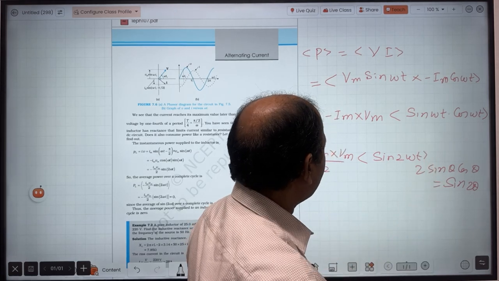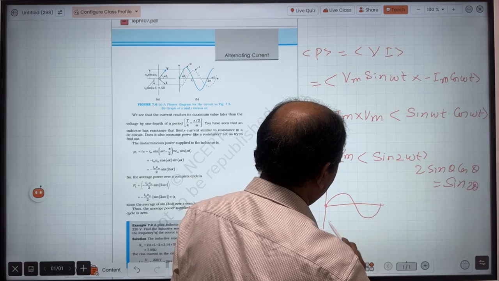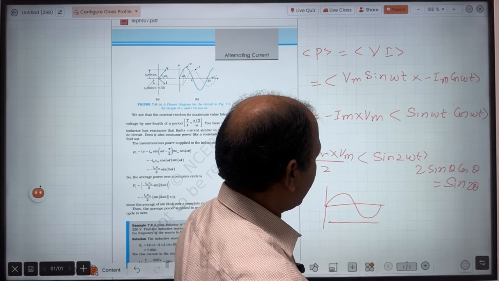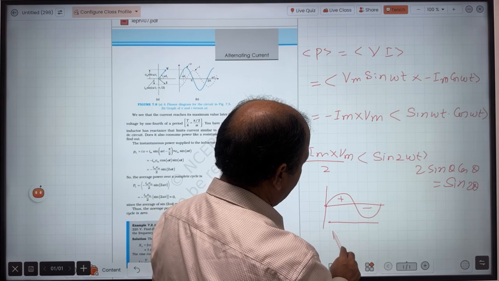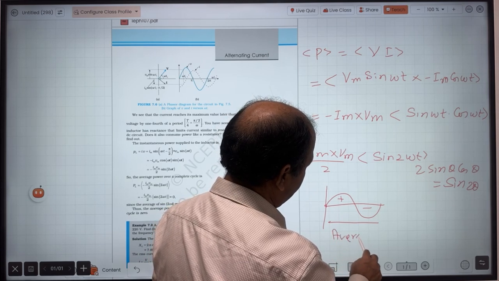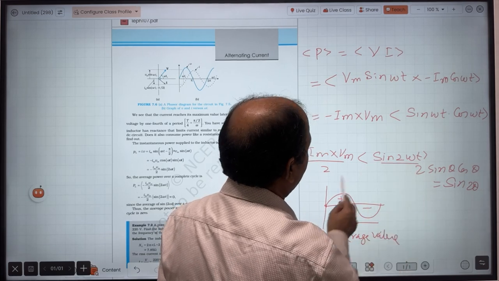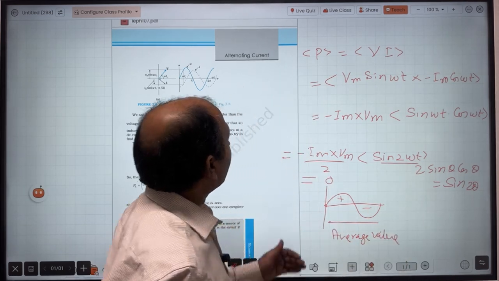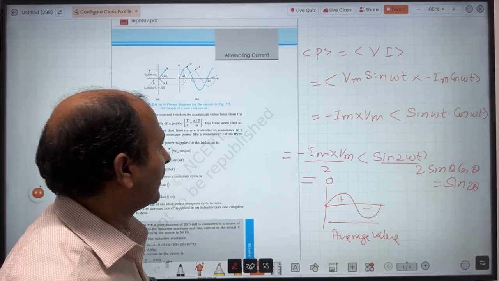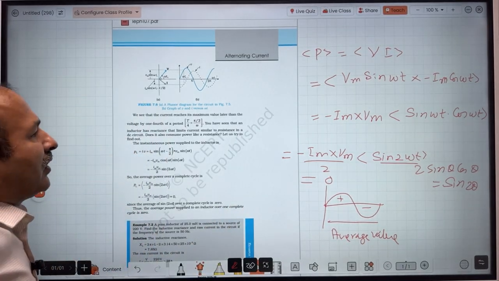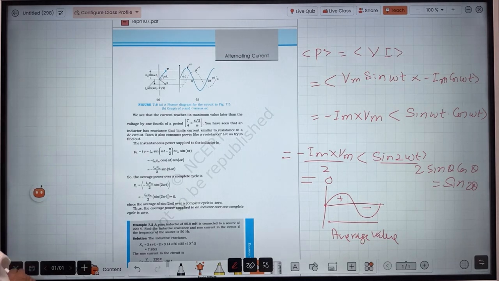And if you remember, for a complete cycle, if we find the average value, this is positive, this is negative, so the average value will be 0, right? So this term will become 0. So we can say that the average power consumed in case of an inductor is 0. This can be done by using the integration method also, but that is not necessary.